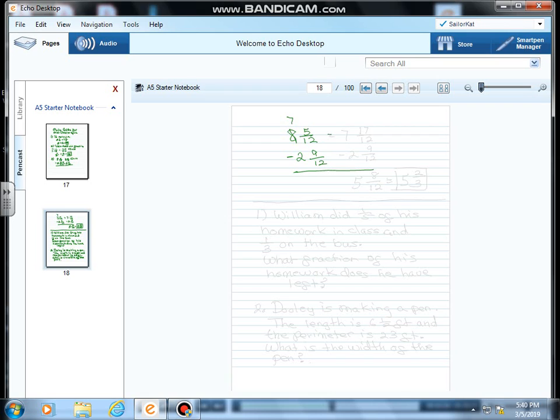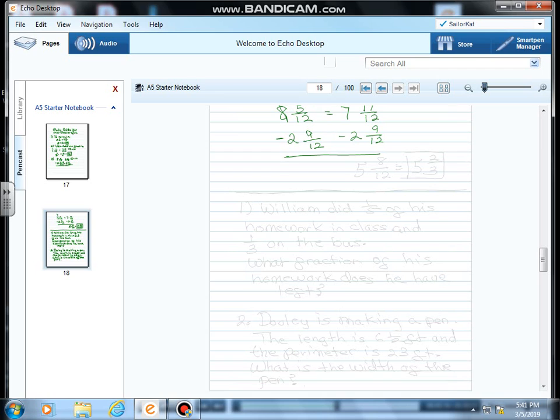So 12 plus 5 is 17, so we have 7 17/12 minus 2 9/12. Okay, 17 minus 9 is 8, and 7 minus 2 is 5. We can reduce this to 5. 4 goes into 8 twice, and 12 3 times, 5 2/3.